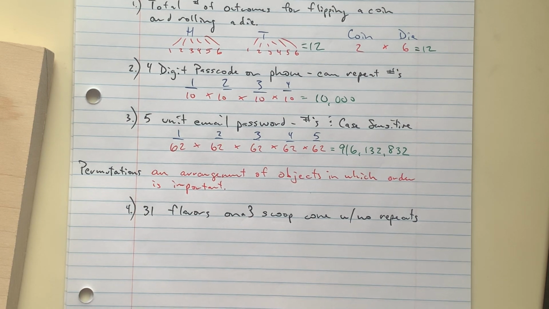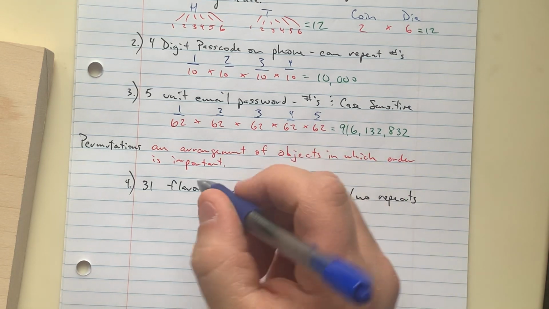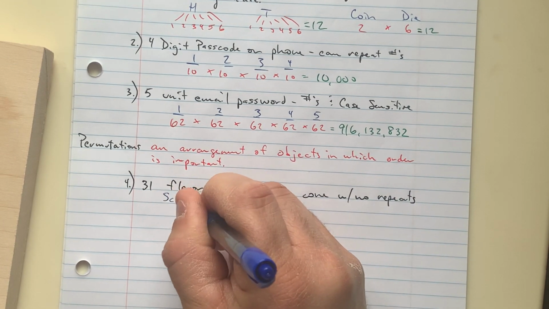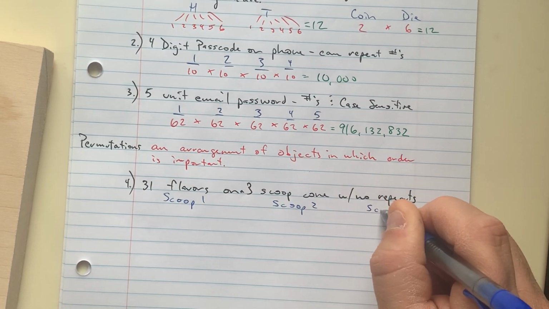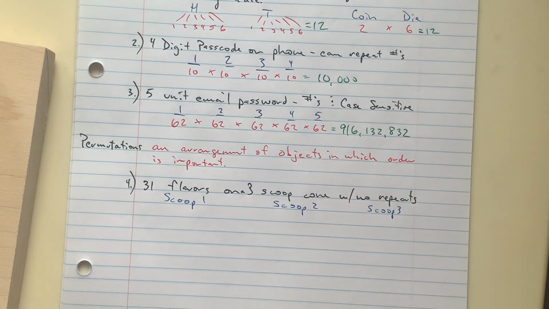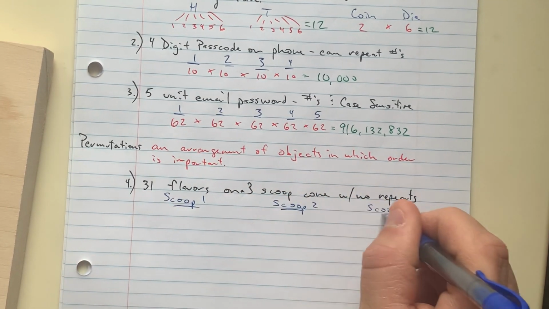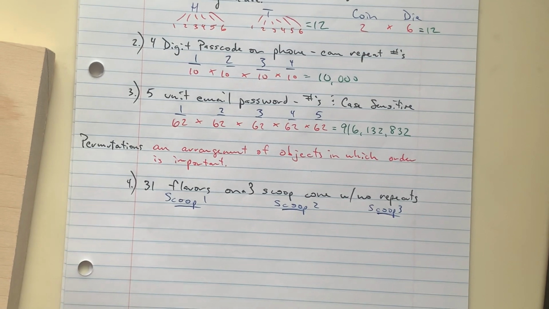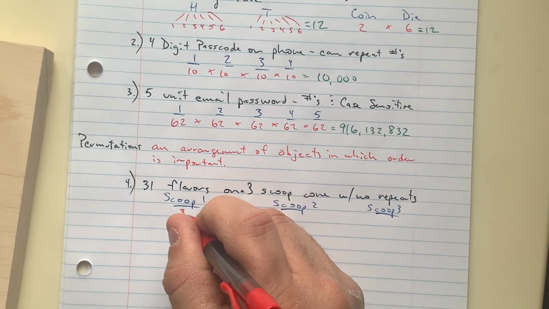All right. So we have 3 different scoops that we're going to put on our ice cream cone. So we have scoop 1, scoop 2, and scoop 3. For that first scoop, flavor is important. So whatever it is, out of all the 31, I have 31 different options.